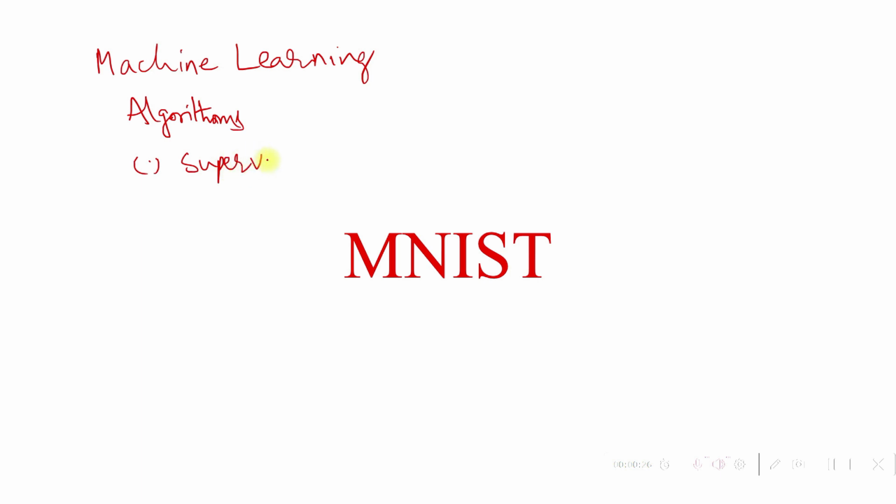In the previous video, we discussed what is machine learning, and what are the different types of machine learning algorithms: supervised learning algorithm, second one is unsupervised learning algorithm, and third one reinforcement learning algorithm.